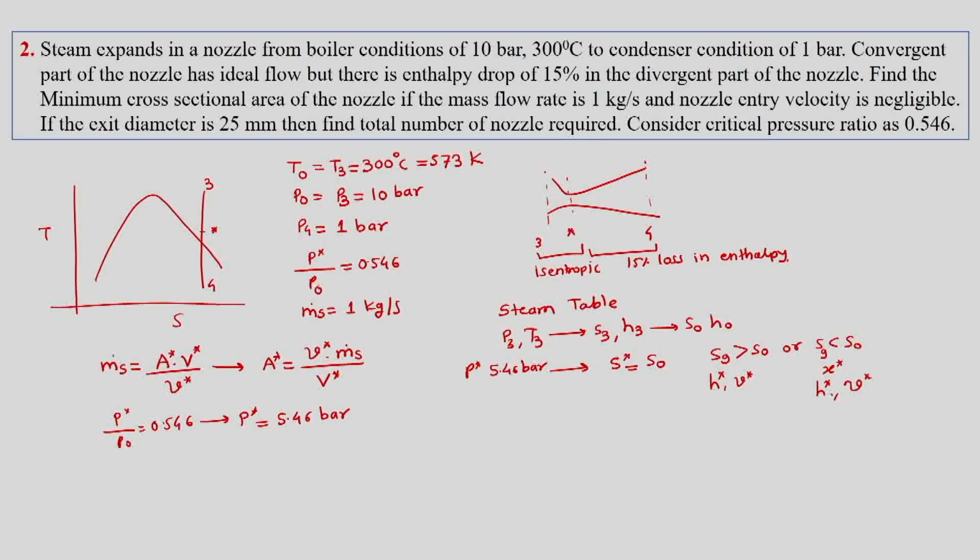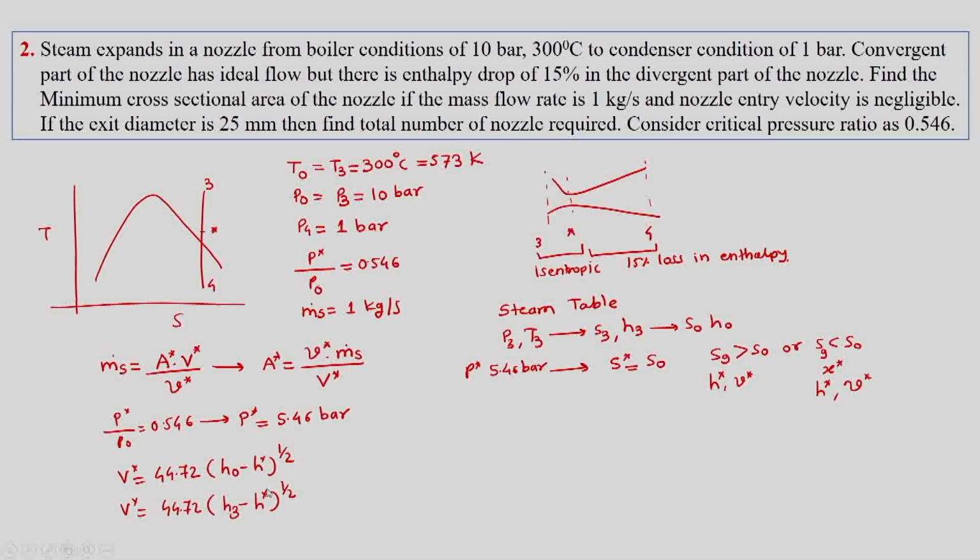Knowing this specific volume and H star, we can find out V star, which is equal to 44.72 square root of H naught minus H star. So V star is equal to 44.72 square root of (H3 minus H star).